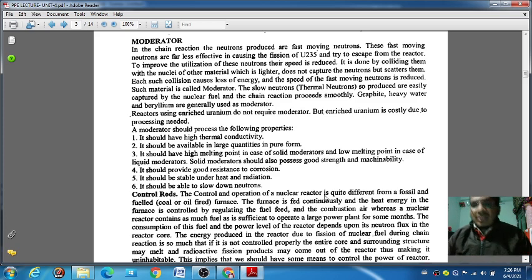While colliding, lighter materials do not capture the neutron but scatter them.